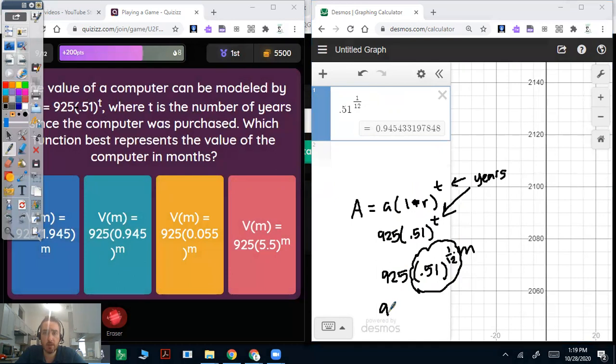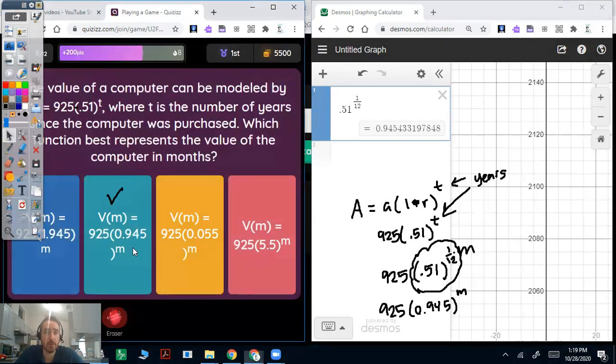So that's going to be 925, and then in the parentheses, this will all get replaced by 0.945 to the m power. So now we have it in terms of months. It's going to be this one, because it's 0.945. That's the m one there. So raise that whole base to the 1 divided by 12.